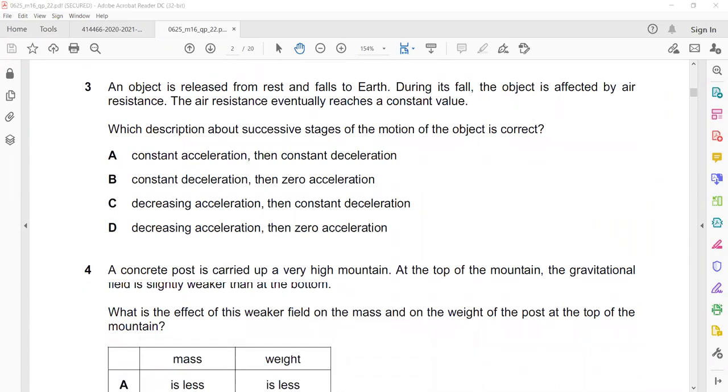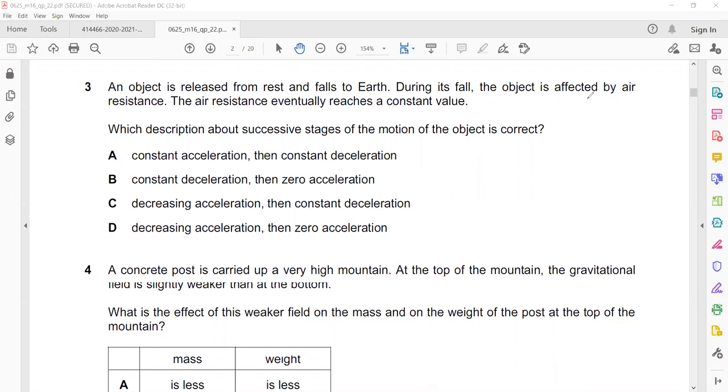Question 3. Answer for question 3. So for question 3, an object is released from rest and it falls to the earth.